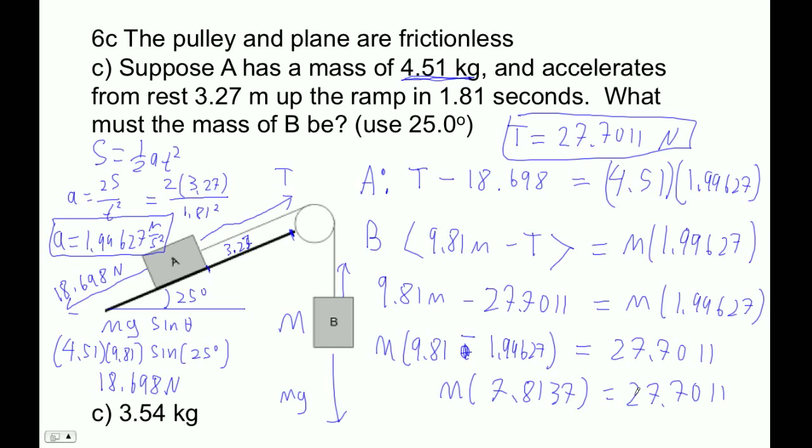I get 3.54518 kilograms. I guess I would have to say that that's actually 3.55 kilograms, a slight adjustment there.